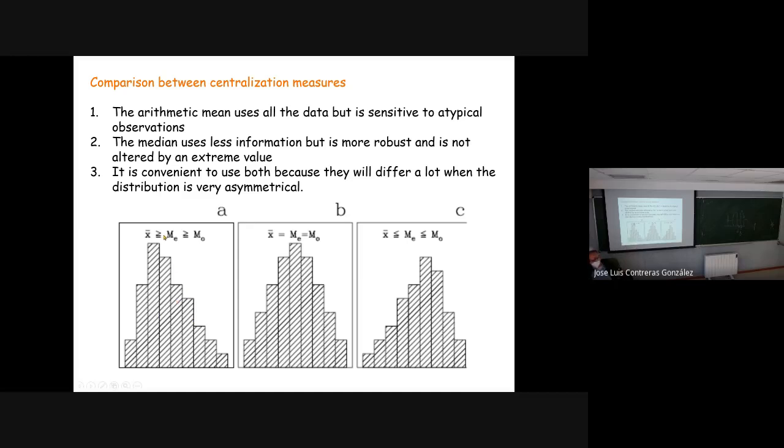Then the mean will be pulled by these values to this side, and the mean will be greater than the median. And if you look at the mode, it has to be this value, which is the highest one. So the median will be greater than the mode.